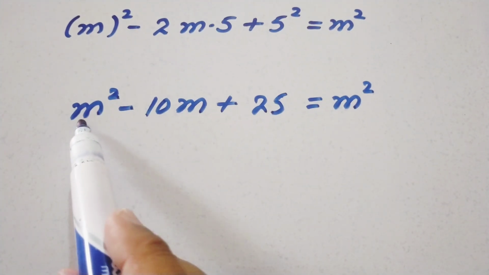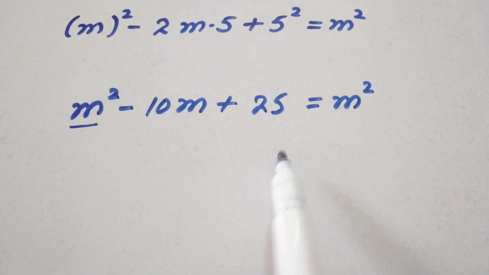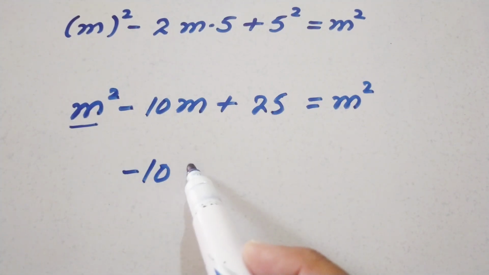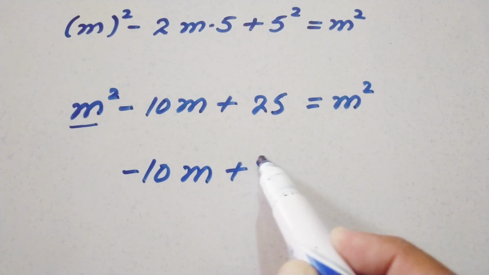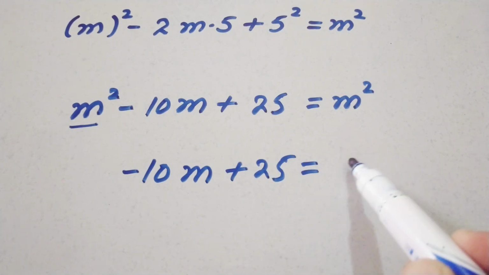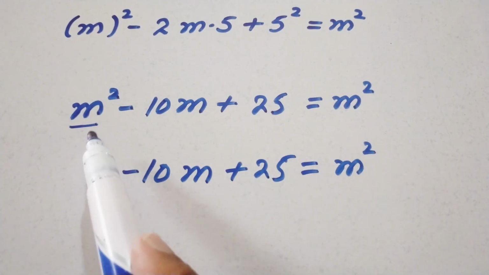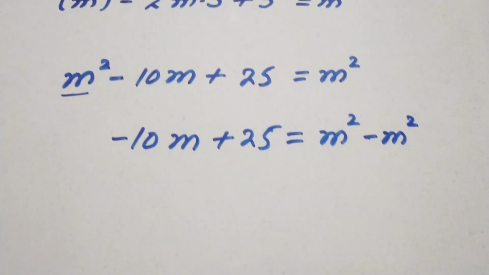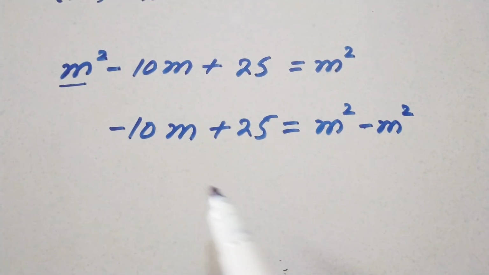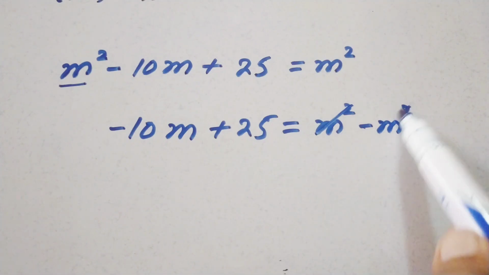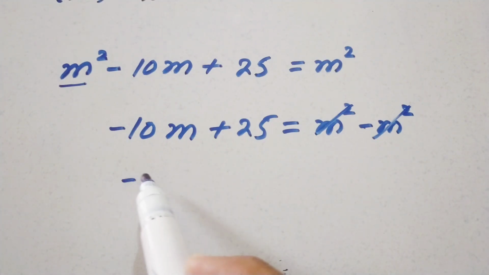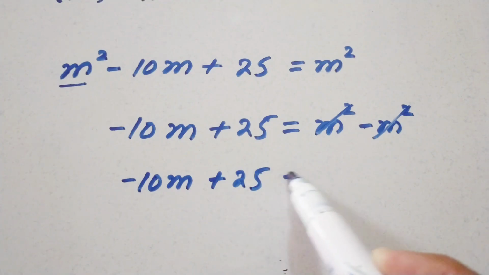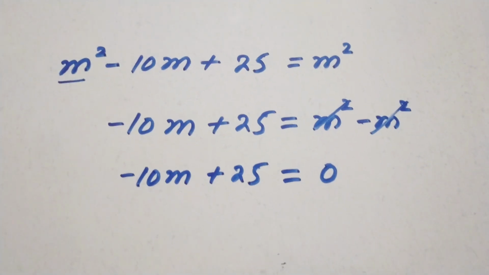Now moving this m squared from left hand side to right hand side, it will become negative m squared at the right hand side. So now this m squared minus m squared cancel out each other. We are left with minus 10m plus 25 is equal to 0.